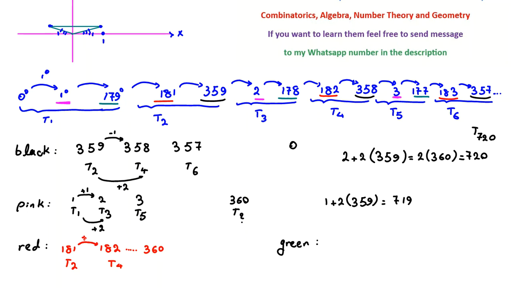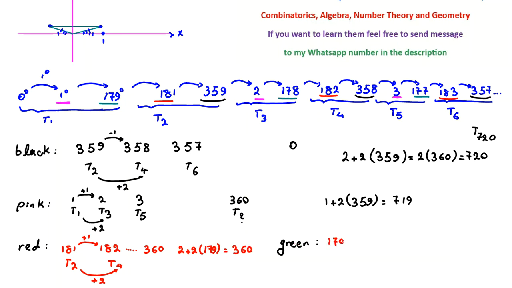So here, when we have plus 1, here we have plus 2. When we want to reach 360, 360 minus 181 is 179. So 2 plus 2 times 179 is 2 times, if you factor from 2, 2 times 180, which is 360. Now for green ones.